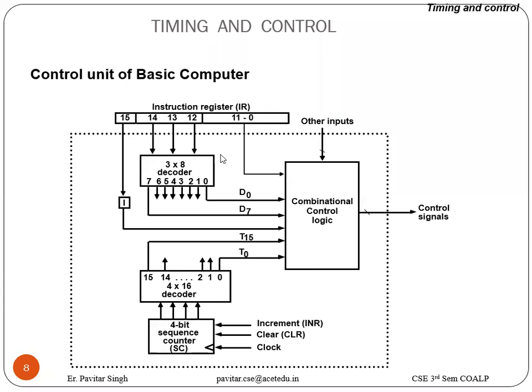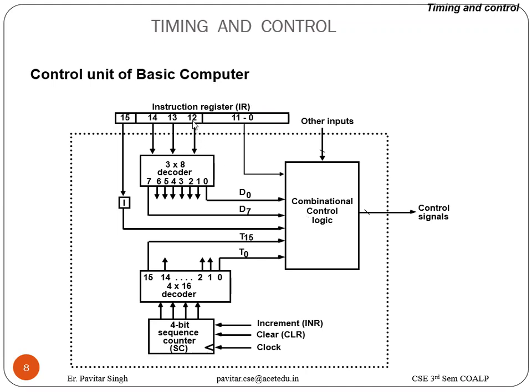An instruction read from the memory is placed in the instruction register, which is of 16 bits. You can see the bifurcation of the IR. Bits 0 to 11 represent the address, which will be fed into the combinational control logic.